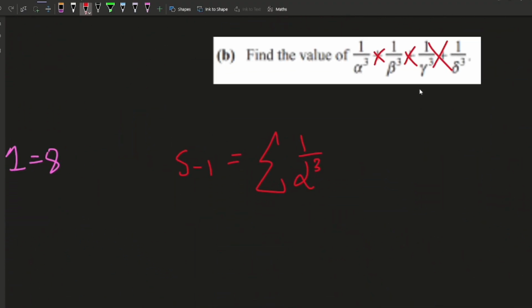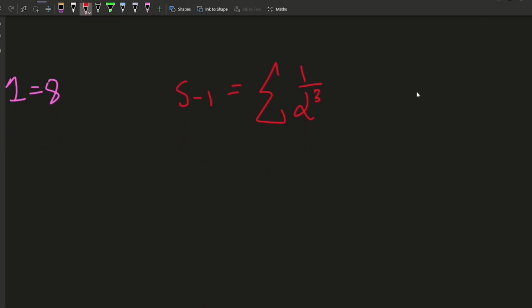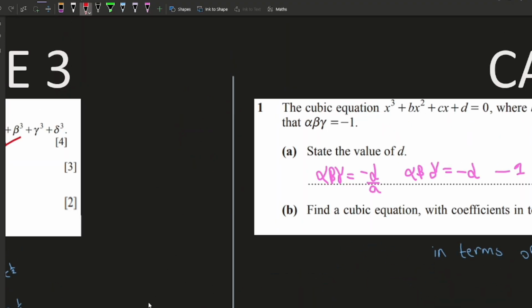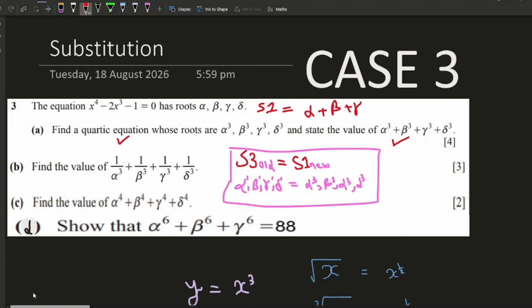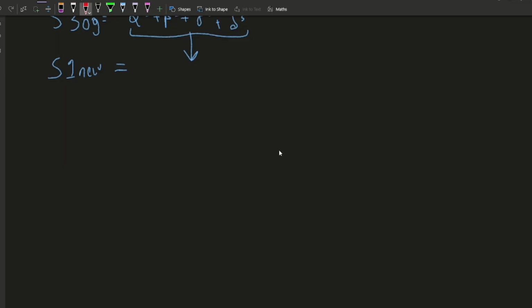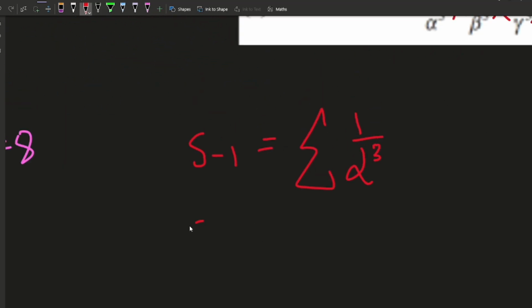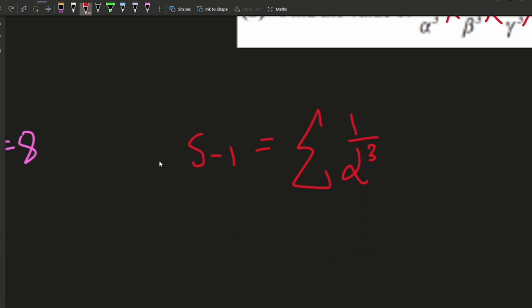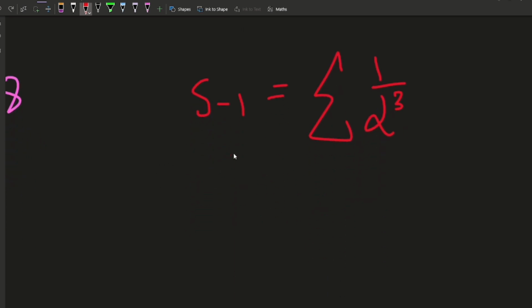So this is equal to S minus 1. If we were to use our original equation, this would have been equal to S minus 3 of our original equation. Now we will find this using our original equation. So let's try that.